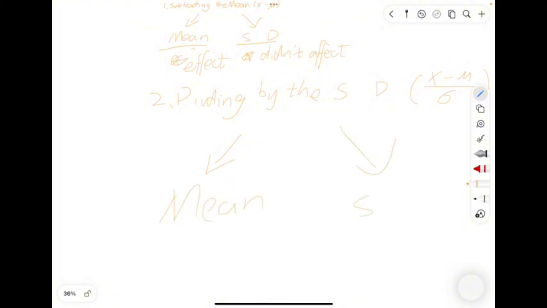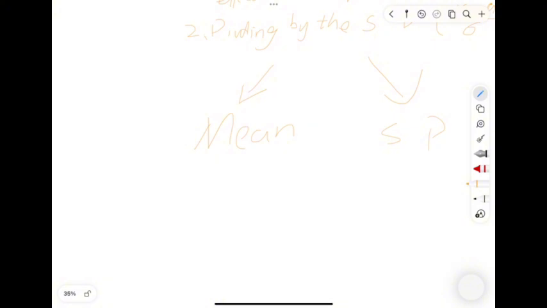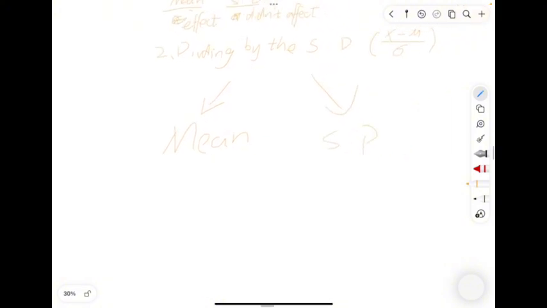What is the effect on the mean? I think dividing by the standard deviation does not change the mean. The mean remains 0 after centering.